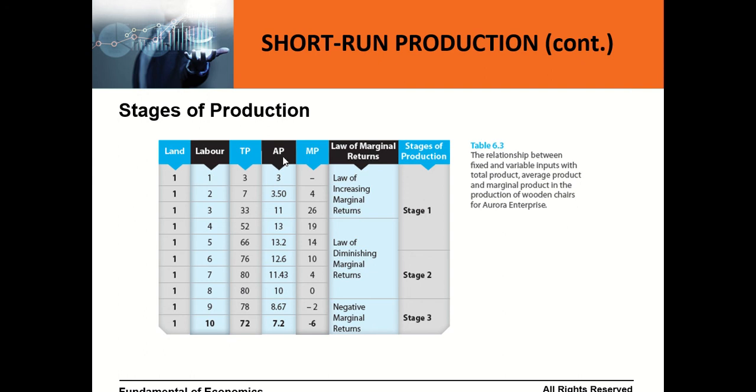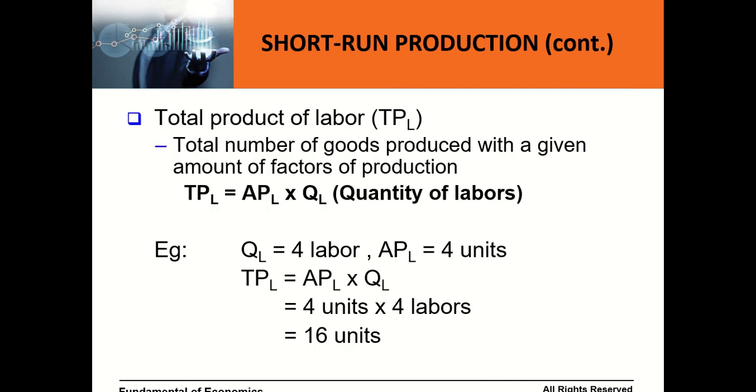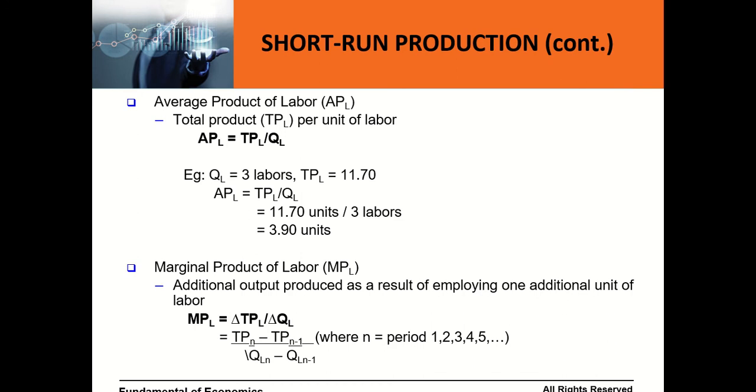So that's why APL represents average product of labor, MPL represents marginal product of labor. Now this AP and MP can be calculated using this formula, which is average product and marginal product.